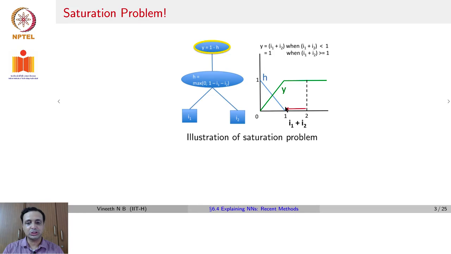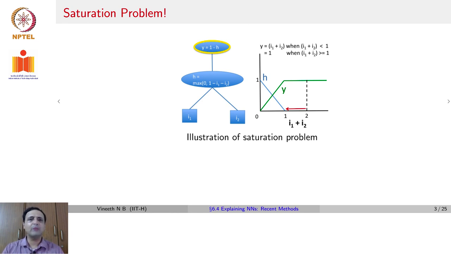So the graph of h will be this blue line here, where it is 1 minus I1 minus I2 until 1, and when I1 plus I2 exceeds 1, it becomes 0. On the other hand, the graph of y is given by 1 minus h, which means it increases as h decreases until 1, and when h becomes 0, y stays static at 1. This is evident from this construction of the neural network.